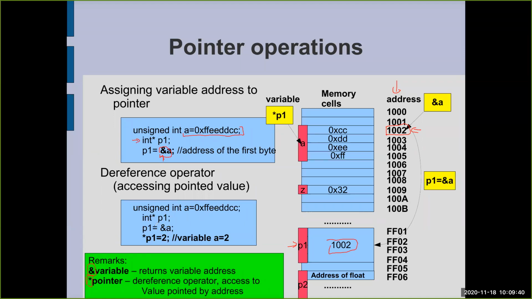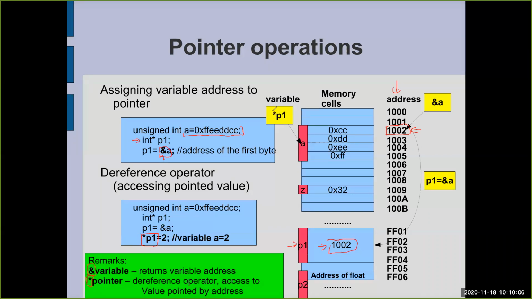Okay, so look, the dereference operator, asterisk pointer. Using asterisk next to a pointer means that I'd like to refer to a value which is stored under this address.